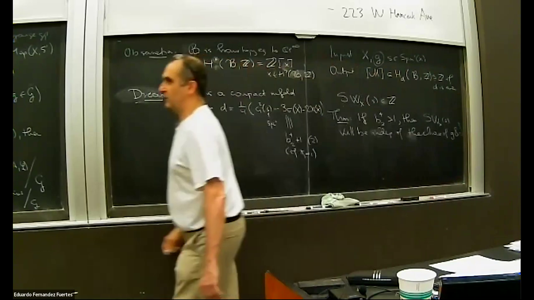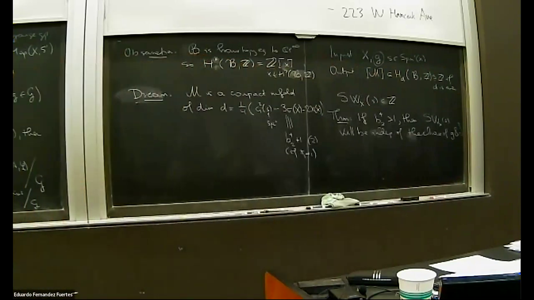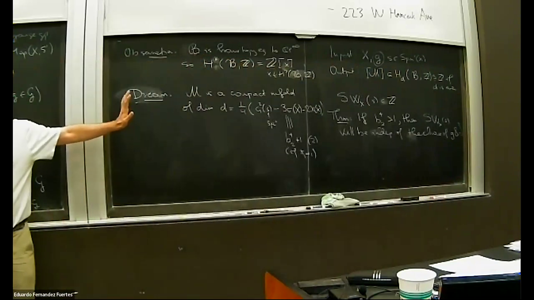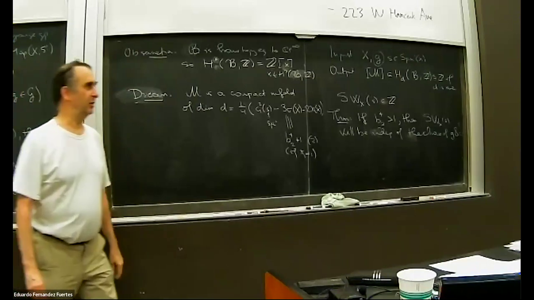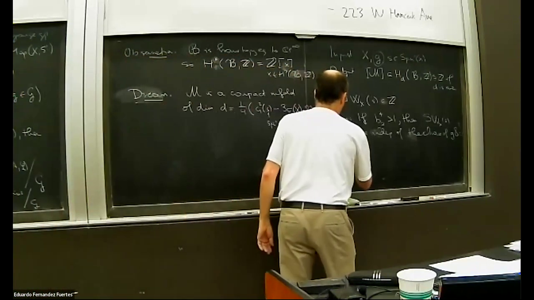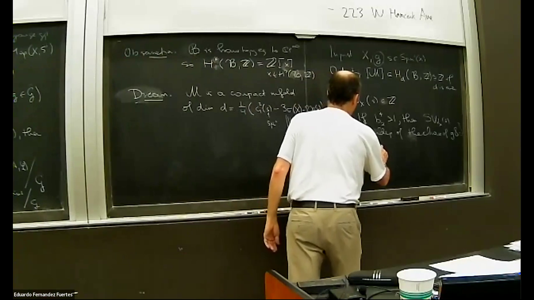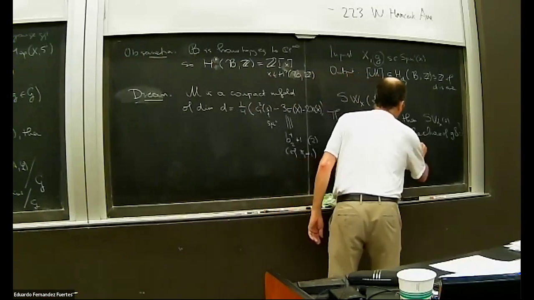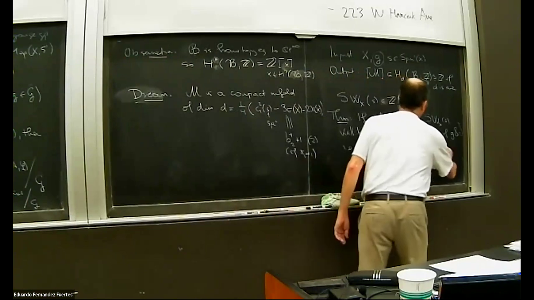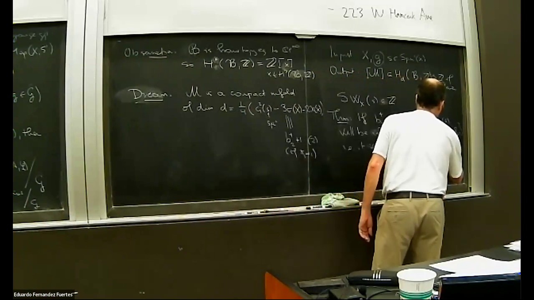So no matter which perturbation we take and no matter which metric we started this procedure with, you will always get the same number. So, i.e., it is an invariant of X and of course, of S.